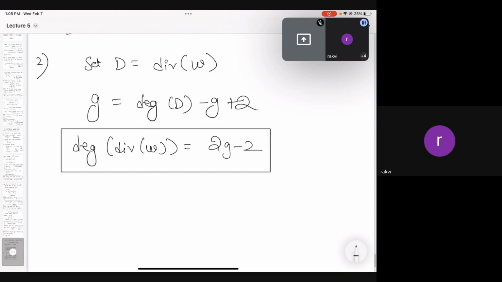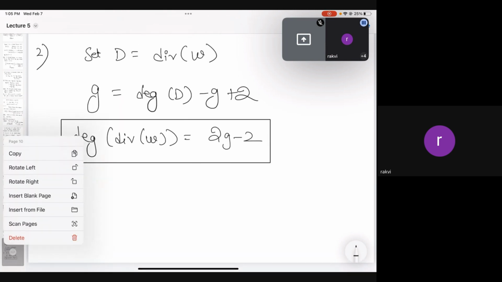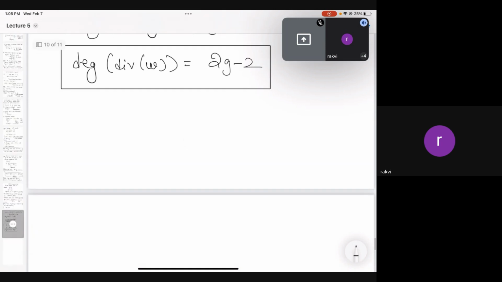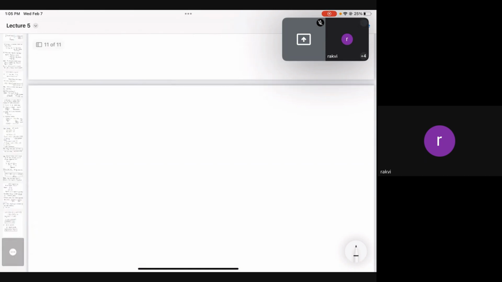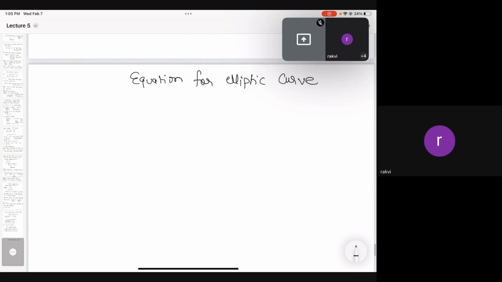So now in the final 5 or so minutes, let's try to derive an equation for an elliptic curve. So how do we get the equation for an elliptic curve? Before that, the way I defined an elliptic curve was using an equation, but now I'm trying to derive it. So there should be another definition for an elliptic curve, right? Let me redefine my elliptic curve as follows.